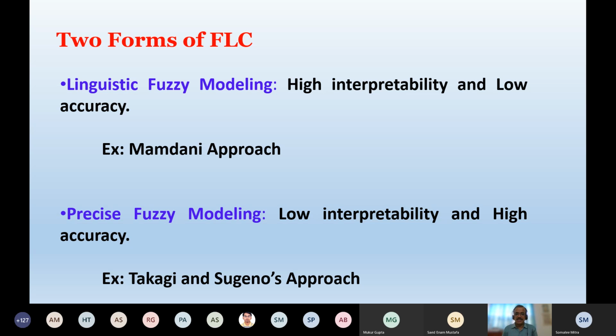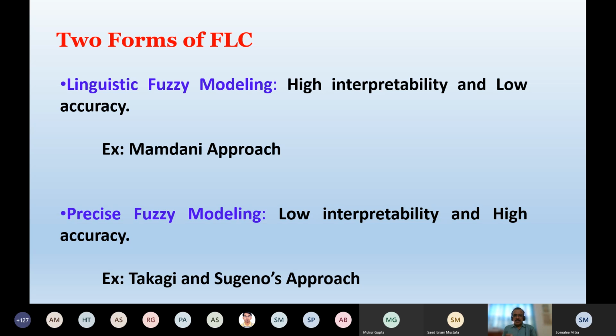If I write something like this, the linear relationship could be A naught plus A1 multiplied by temperature plus A2 multiplied by humidity. If the rule is something like this, what will happen? No control action is coming to my head. That is what we mean by low interpretability.